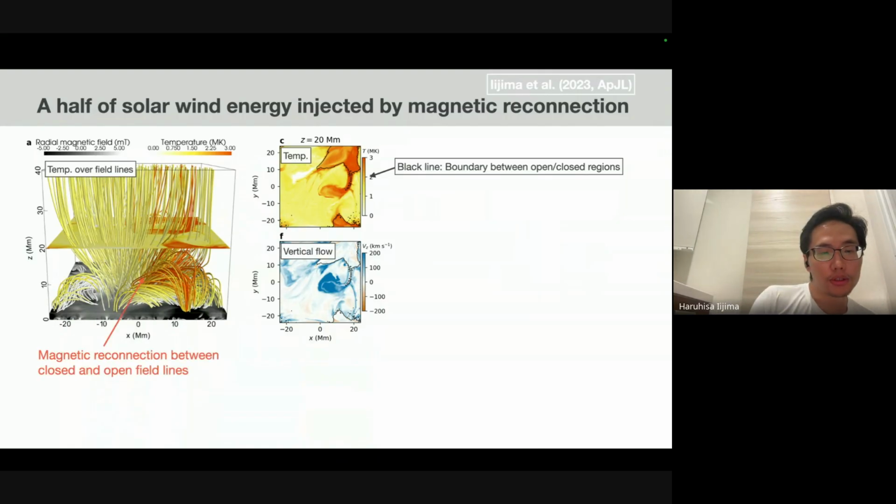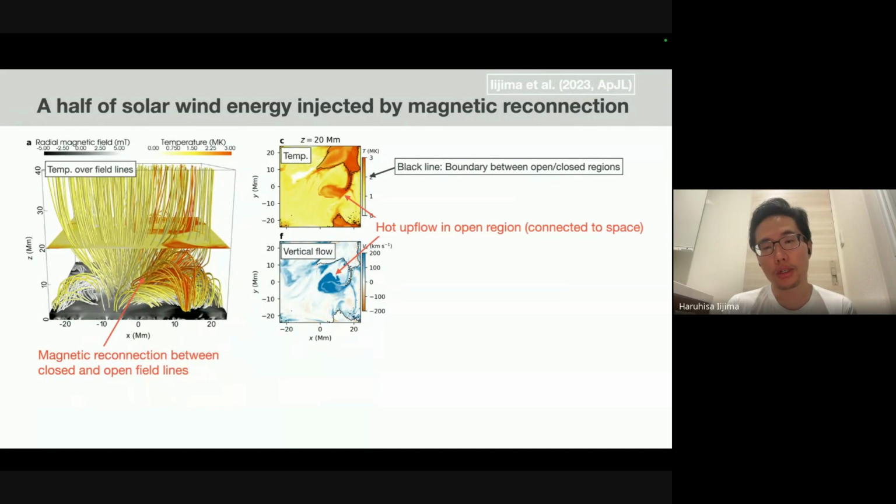Magnetic reconnection occurs between the closed and open field lines. And due to this magnetic reconnection, hot upflow appears inside the open regions, which is connected to space. So some hot material is injected from the closed hot loops into the open, typically cool plasma.